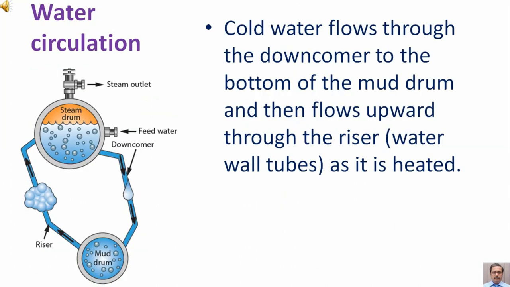Cold water flows through the downcomer to the bottom of the mud drum and then flows upward through the riser, that is water wall tubes, as it is heated.